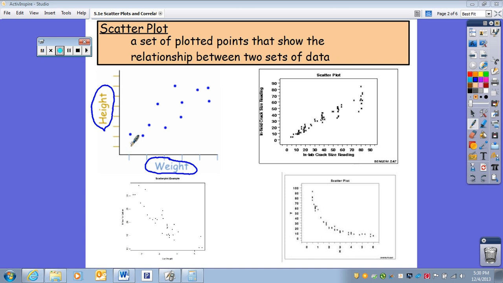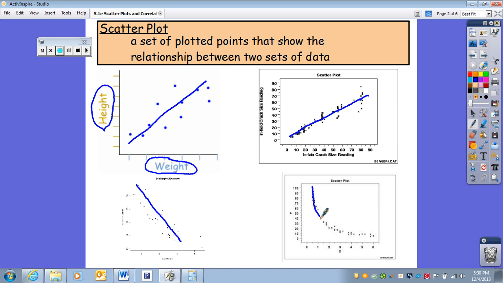So our job is to look at whether there is a relationship when we have a scatter plot that is linear, or is it possible that there will be a relationship with the data that has a curve.